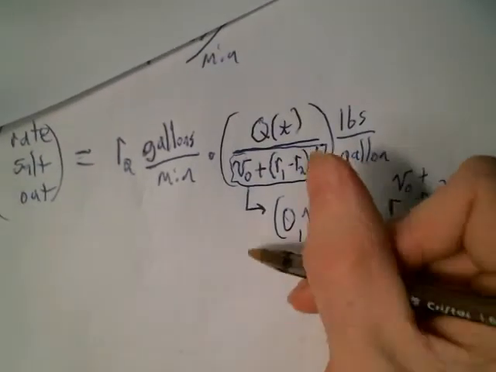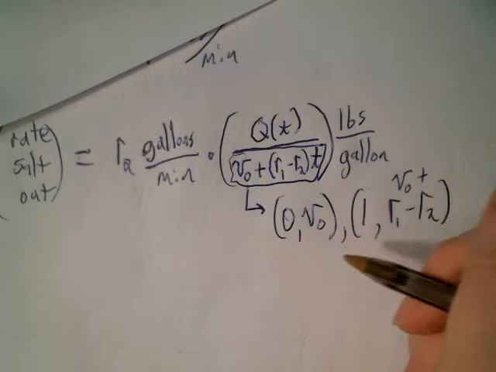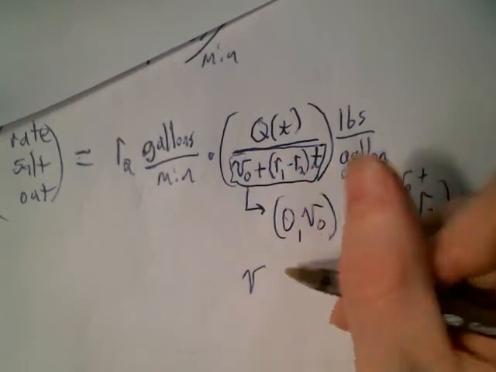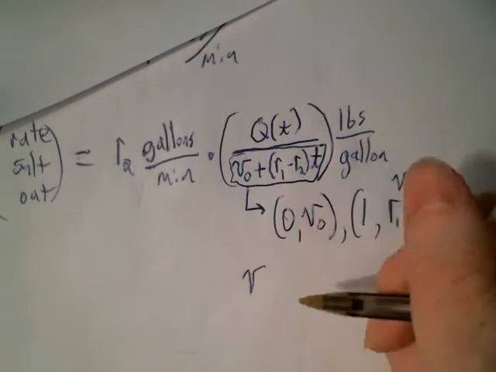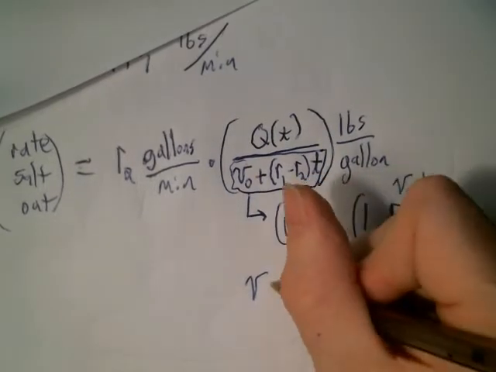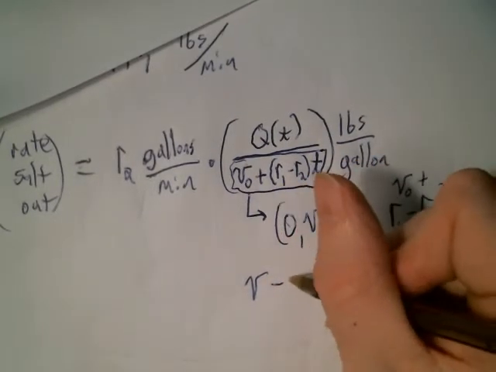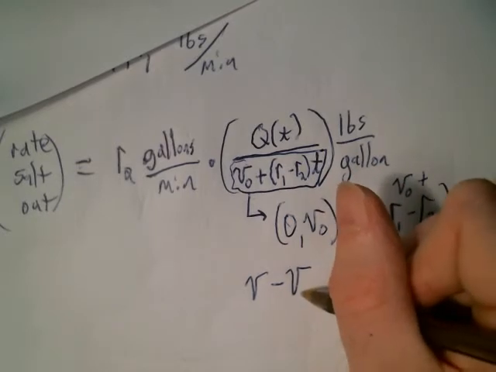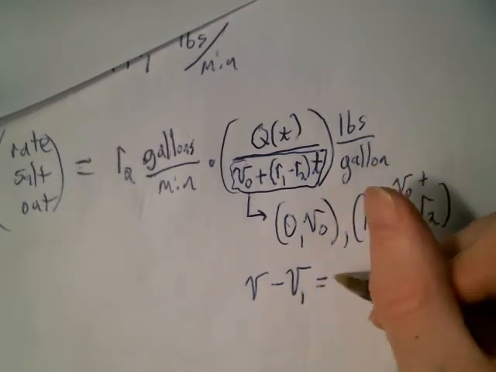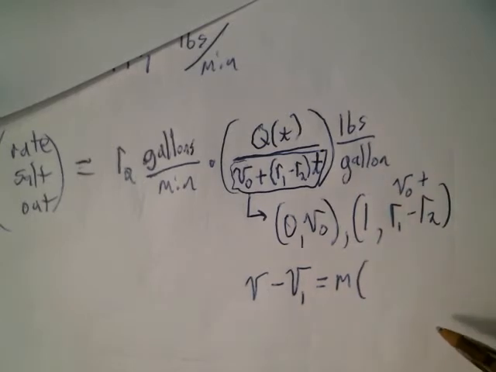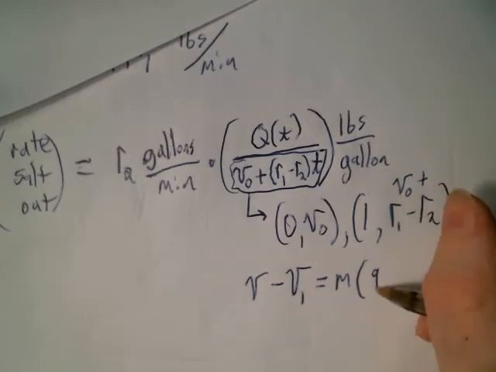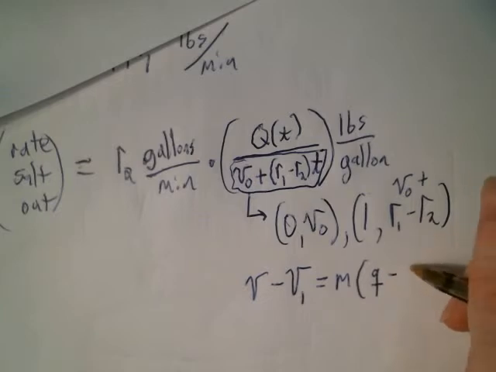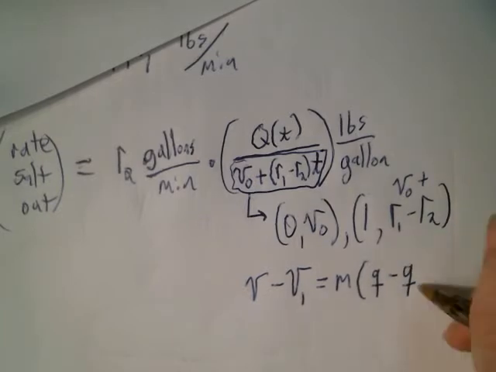Then if you just plug that into your equation of a line, it would be V, the amount of salt water in the tank at time t, minus V sub 1 equals m times t minus t sub 1.